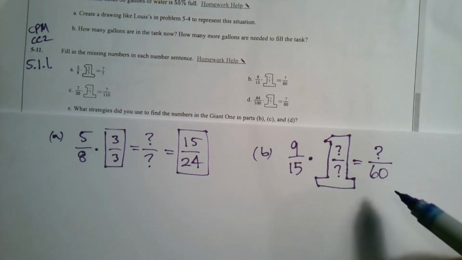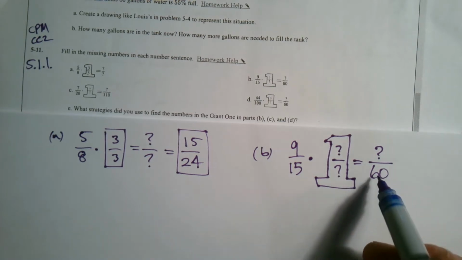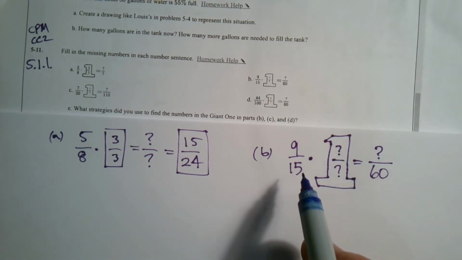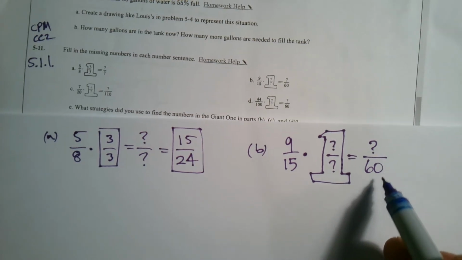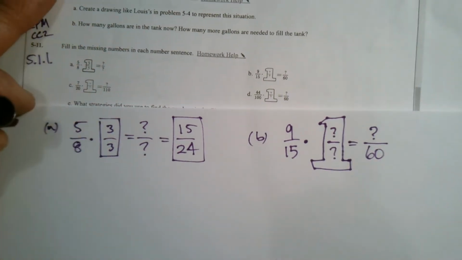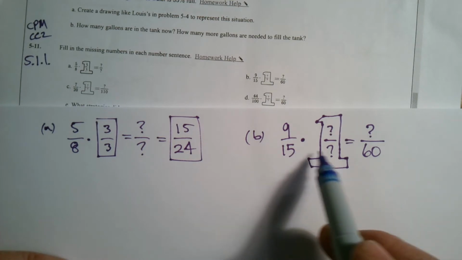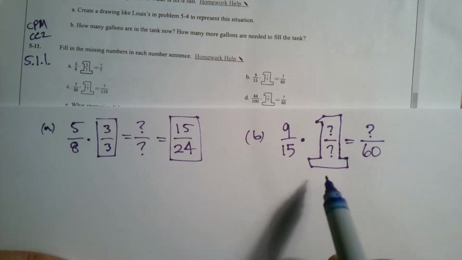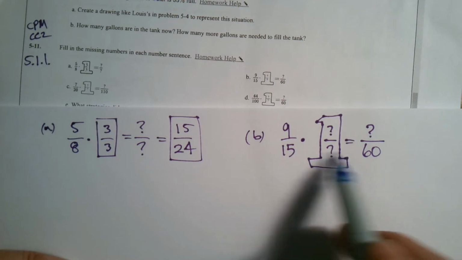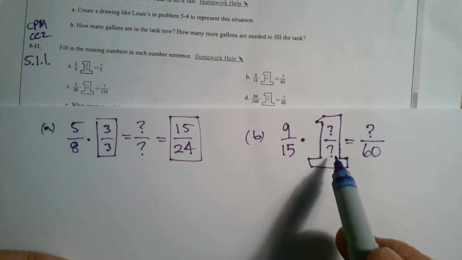So what are those missing pieces? First of all, how do I go from 15 to 60? That's the question, right? So that's going to help me figure out what that question mark is. 15 times what is 60? I need to figure out what that giant 1 is.